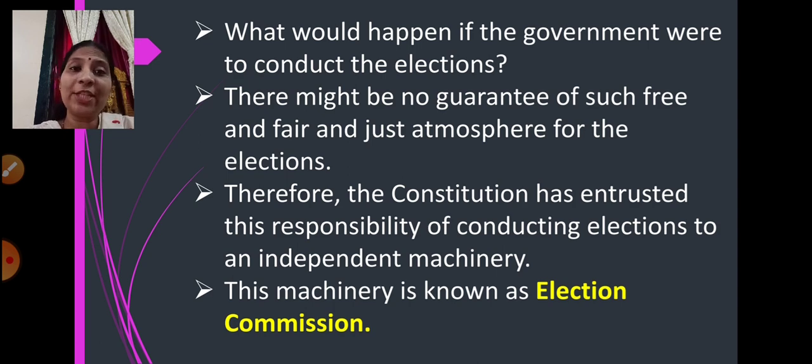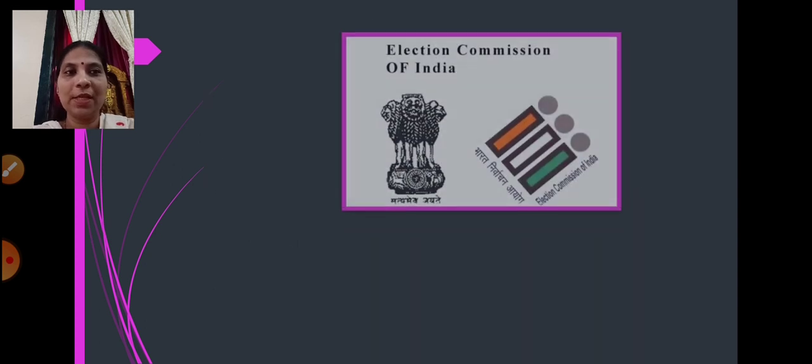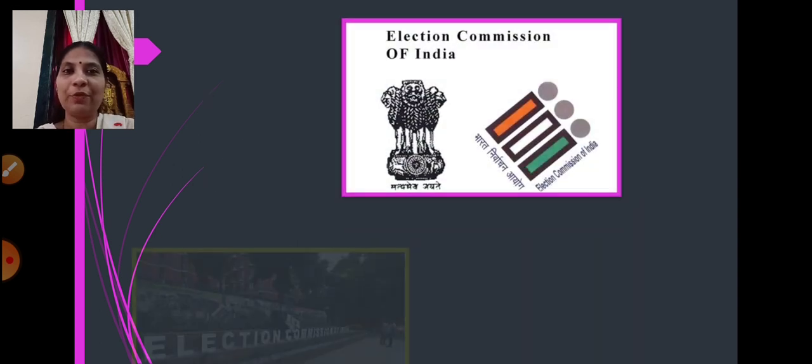Yes, so the election commission is an independent machinery which has the responsibility of conducting elections in a free, fair and just atmosphere. Okay, so this election commission conducts elections for the state government as well as for the union government both.